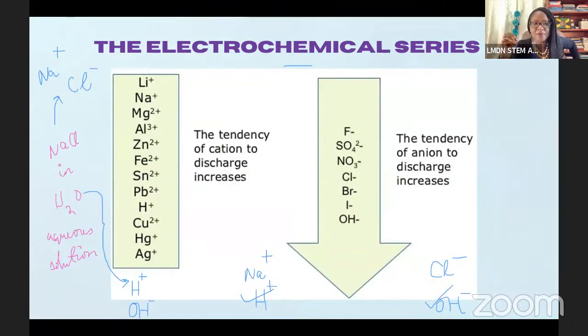You have two things stacked against the chloride ion in a dilute solution. It's dilute, which means you don't have that many chloride ions to begin with, but also the hydroxide ion is lower than it in the electrochemical series. So the hydroxide ion is what would get discharged, and that's what would get oxidized at the anode. Right? Does that make sense to you, Jamar? Is that your question?